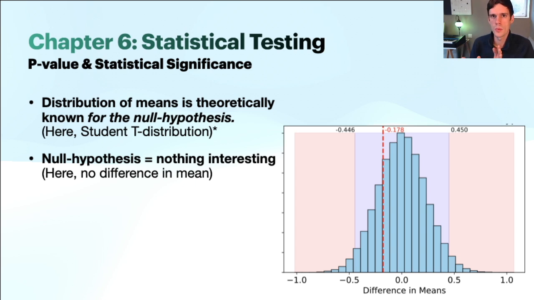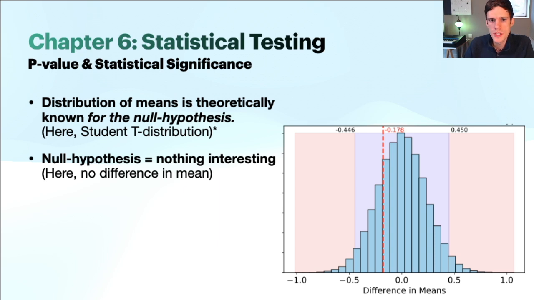So in our example, where we are investigating whether there is a difference in mean between the two populations, the null hypothesis would be that there is no difference in mean and that the average savings rate for both populations is exactly equal. So that is the null hypothesis. Basically, nothing interesting happens.